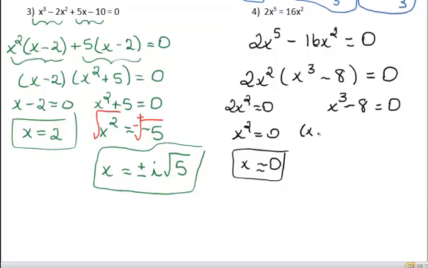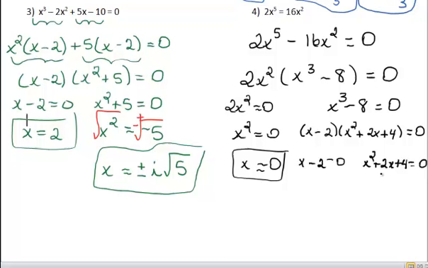You're going to have your x minus 2, then you're going to have your x squared. Over here you're going to have your 4, in the middle you have 2x. Since this one is minus, this one is plus, and this one is always plus, so now you set both of those equal to 0. x minus 2 equals 0, and x squared plus 2x plus 4 equals 0. So this one is equal to x equals 2.